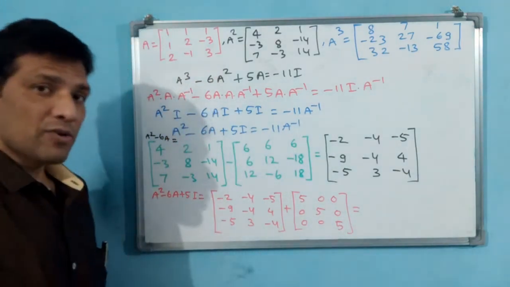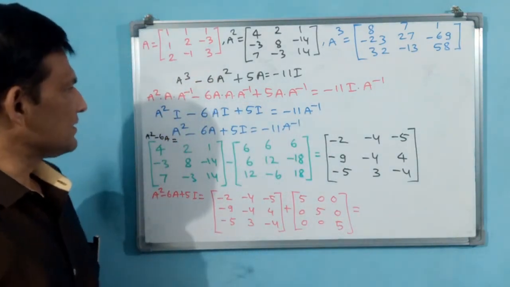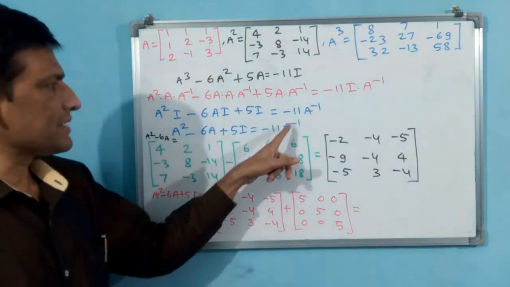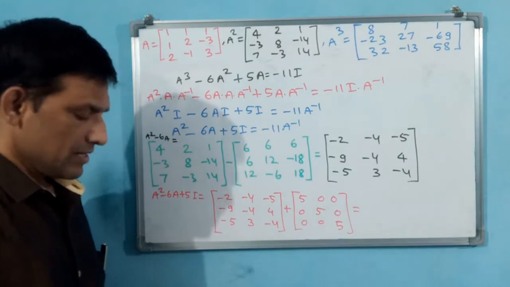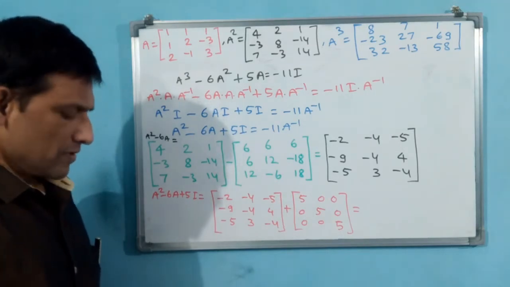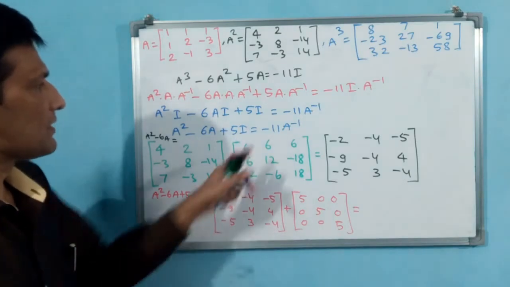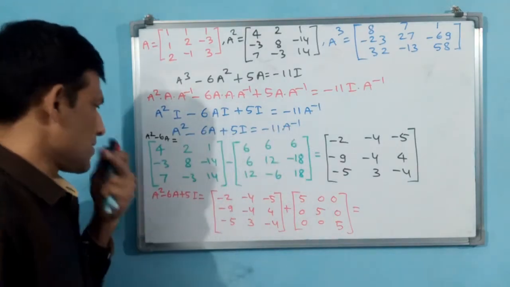Now you see what you have to get. You don't know yet what you are going to get, because this is minus 11 A inverse. Let it come and we will do A inverse afterwards.